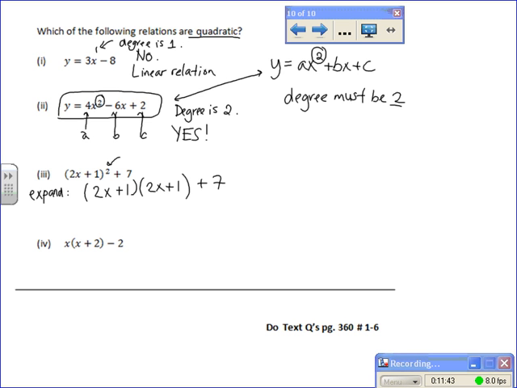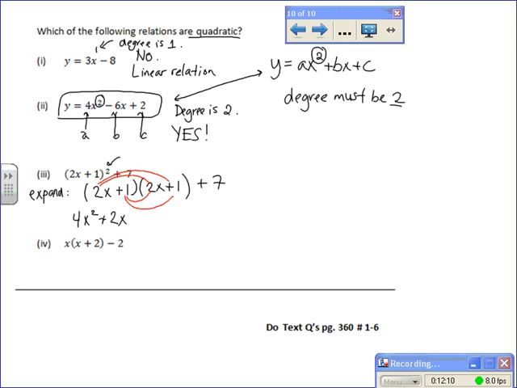When I expand this, I have 2 binomials that I'm multiplying together. So I'm going to multiply the firsts, then the outsides, the insides, and then the last numbers. So I'm going to get 2x multiplied by 2x is 4x squared, plus 2x times 1 is 2x.